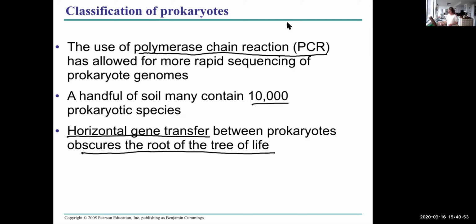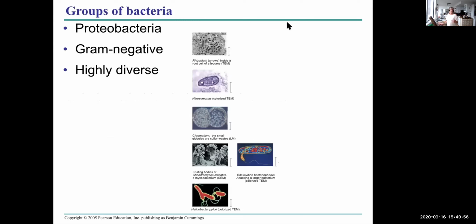So these are some of the groups: Proteobacteria, gram-negative bacteria. They're very diverse. Here's a Proteobacteria called Rhizobium. It lives inside the roots of trees, and it fixes nitrogen, which is very useful for the tree.